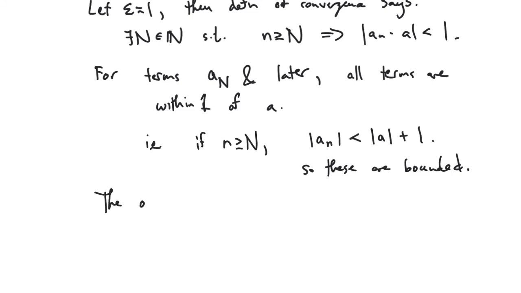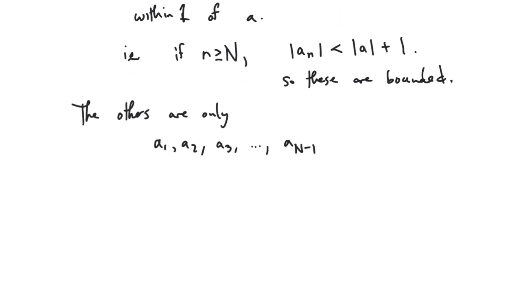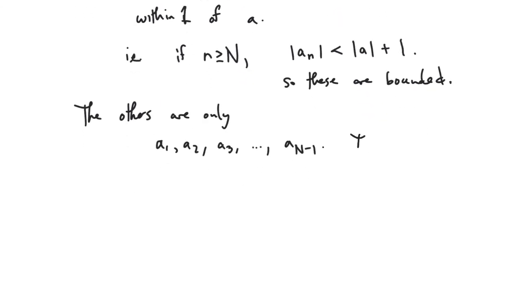The others are only A1, A2, A3, up to A big N minus 1. And these must be bounded because there's only finitely many of them. So one of those is the biggest, and that's it. That one is the biggest, right? These are bounded because there are only finitely many.